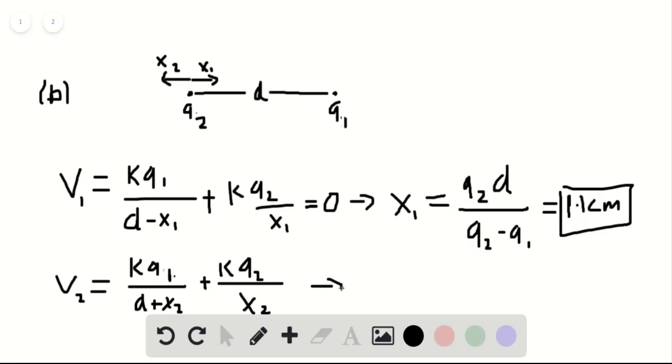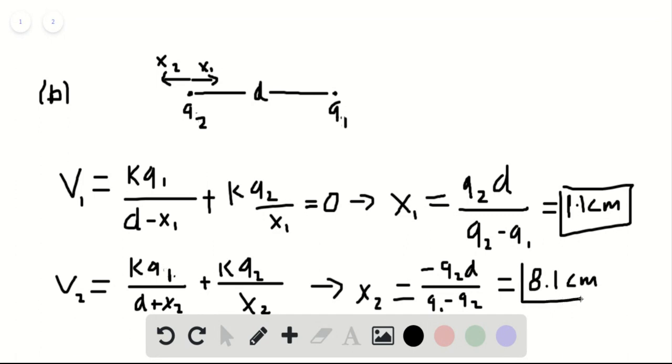Okay, so now solving this equation for x2, we find that this is equal to minus Q2 times d divided by Q1 minus Q2. So plugging those values into this expression, we find that this is equal to 8.1 centimeters, of course, to the left of Q2. We'll box that in as our solution to the second part of that question.